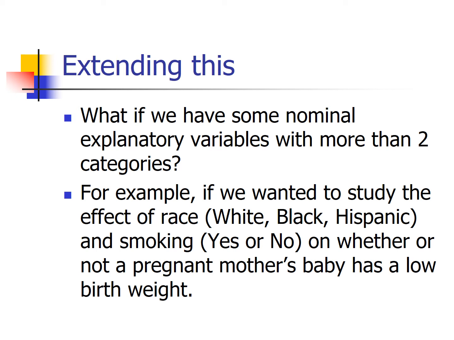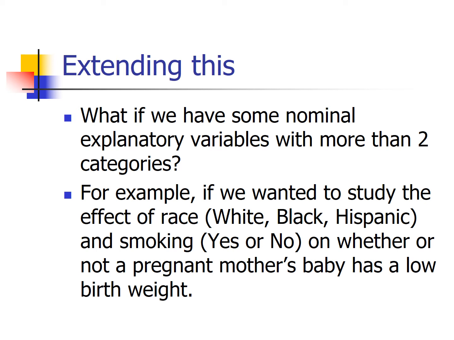Now, from 512, we probably already know how to do this, but I thought it still might be worth doing one quick example to reinforce a lot of the other things that we've been learning and starting to perfect. Let's look at an example where we have a nominal explanatory variable with more than 2 categories.